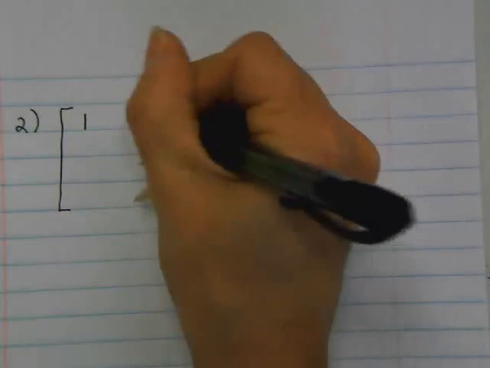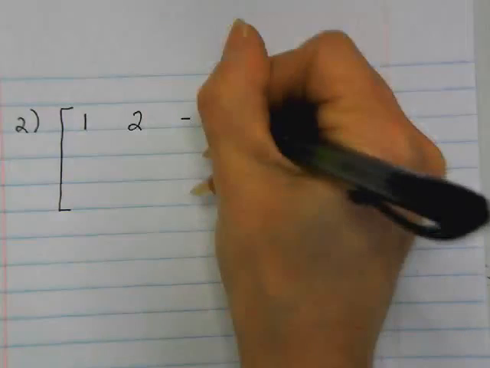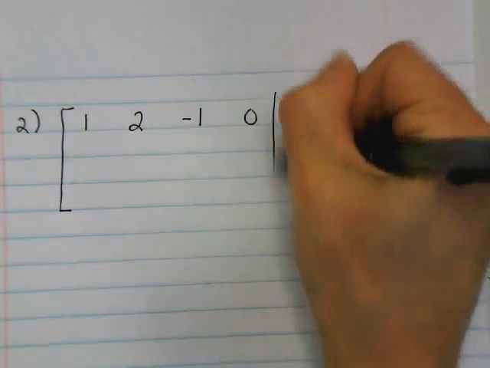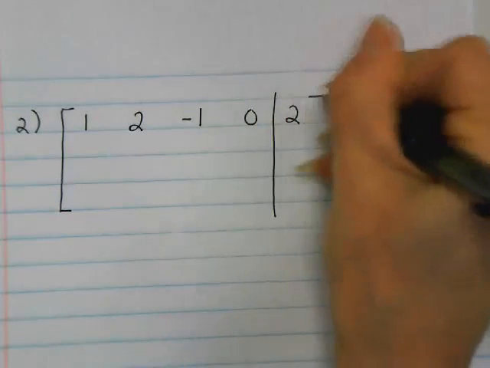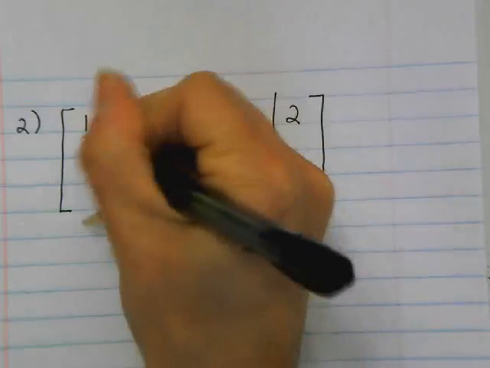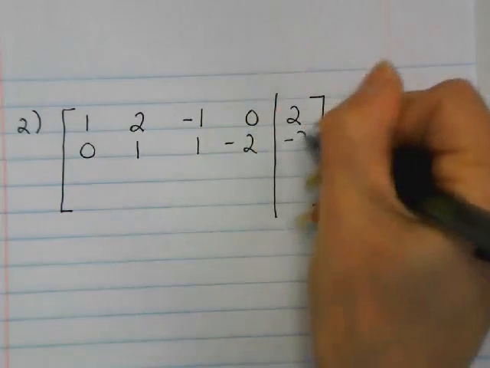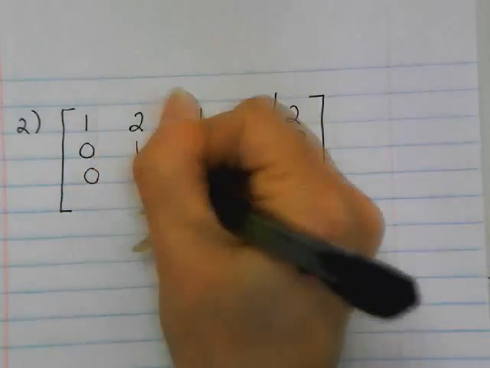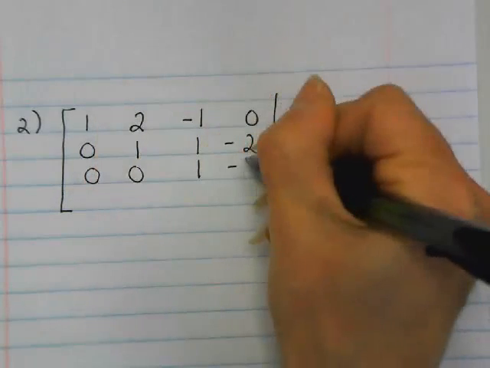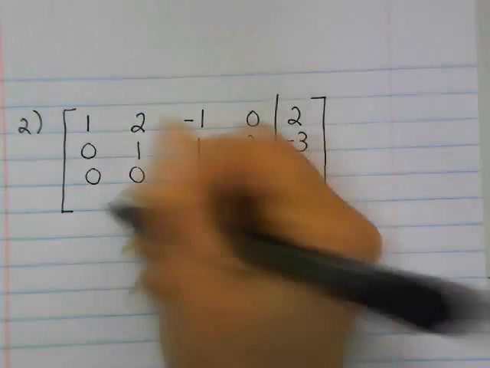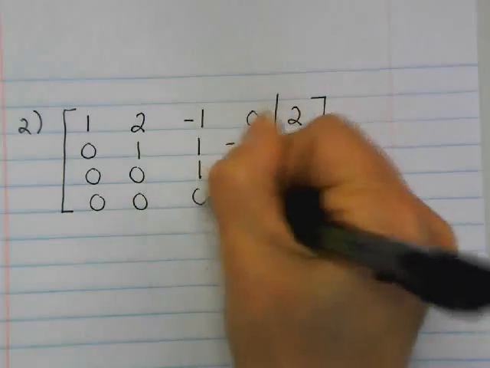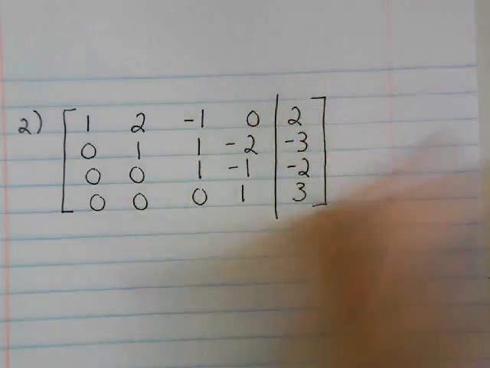So 1, 2, negative 1, 0, 2. 0, 1, 1, negative 2, negative 3. 0, 0, 1, negative 1, negative 2. 0, 0, 0, 1, 3.